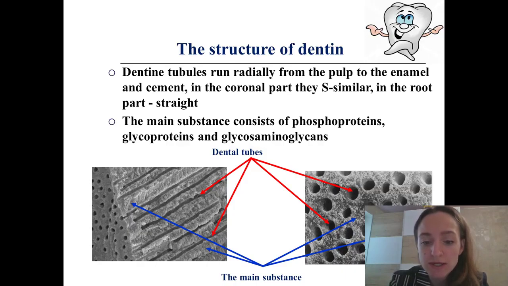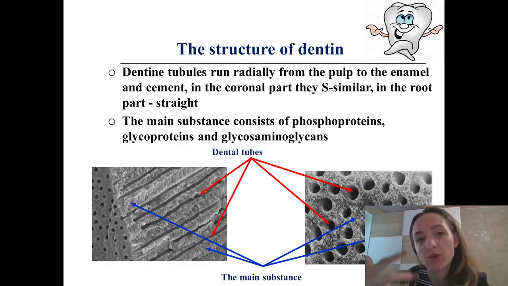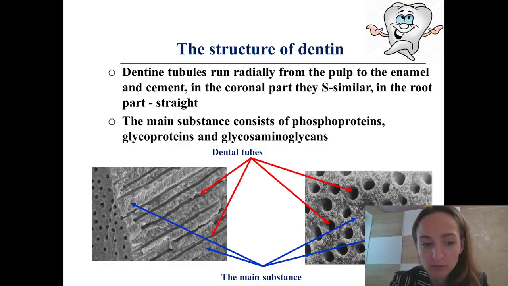The most recently formed layer of dentin is always on the pulpal surface. The dentinal tubules are small canals that remain from the process of dentinogenesis and extend through the entire thickness of dentin from the pulp to the dentin-enamel junction.